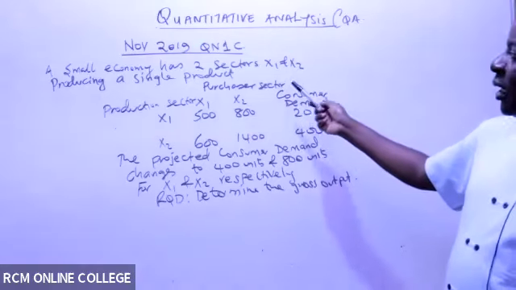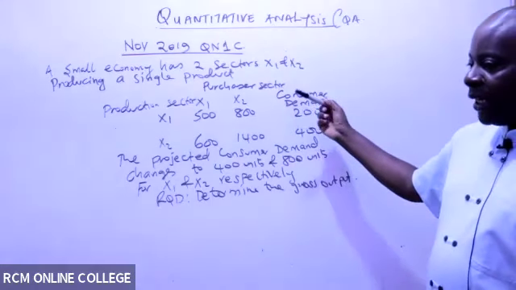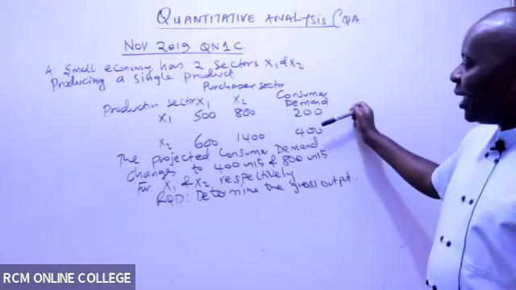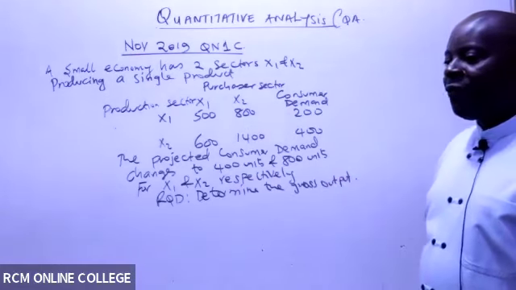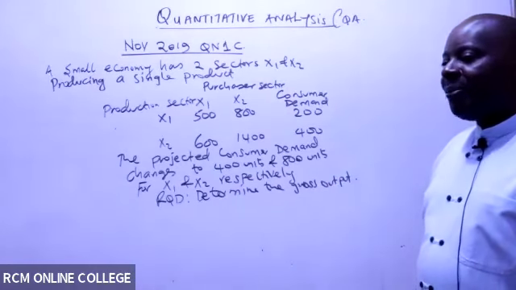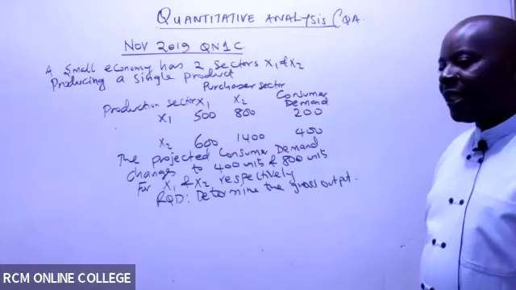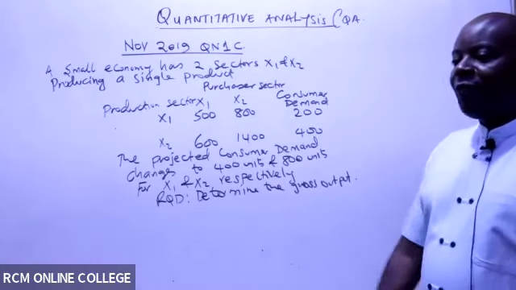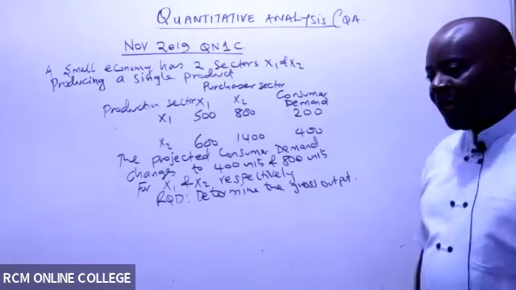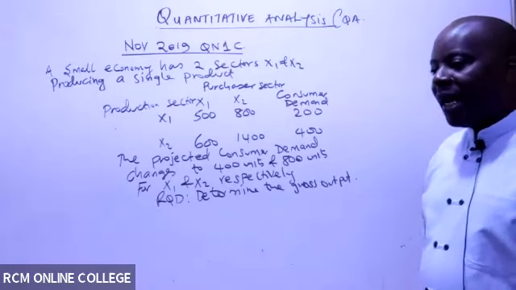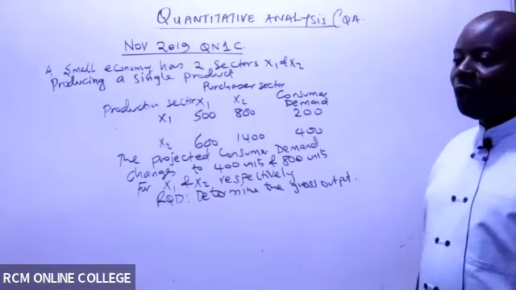The purchaser sector is known as the input. And then they have given us what we call consumer demand, also known as final demand. The projected consumer demand changes to 400 units and 800 units for X1 and X2 respectively. Required: determine the gross output.